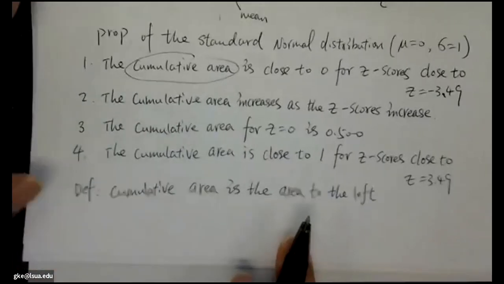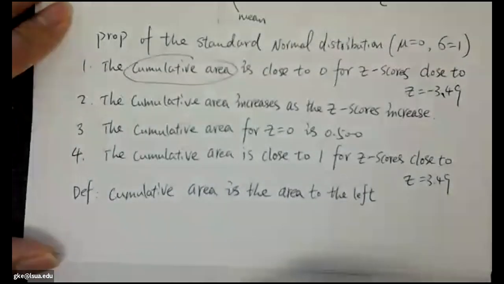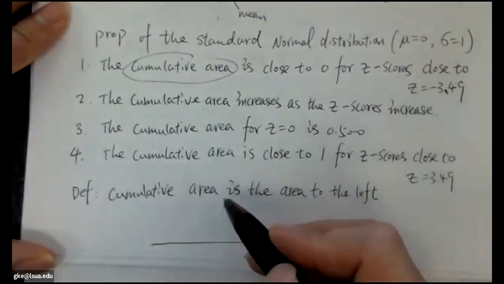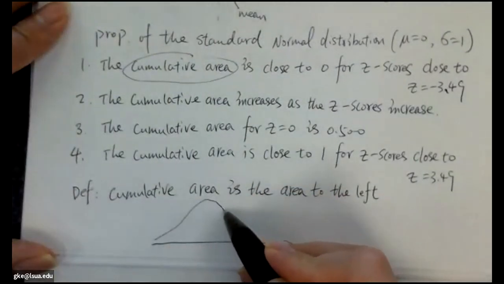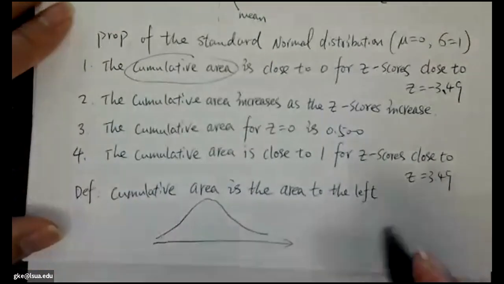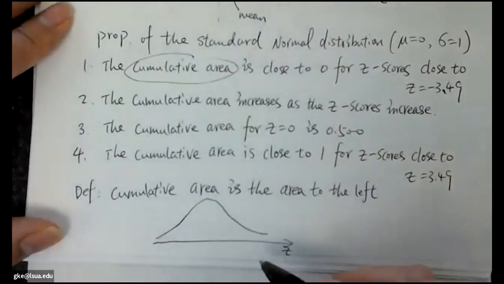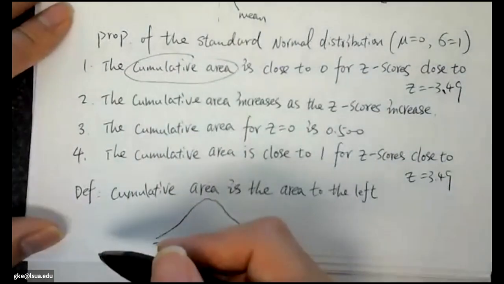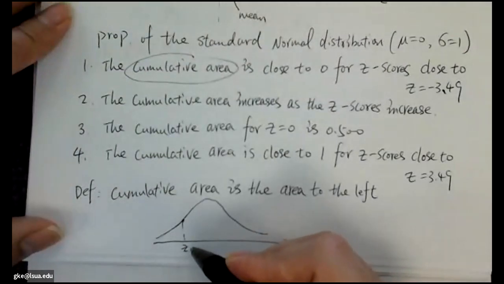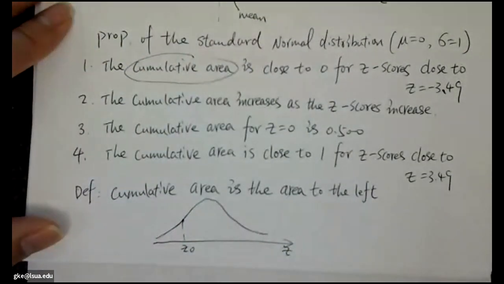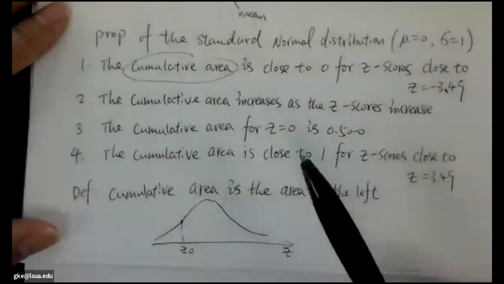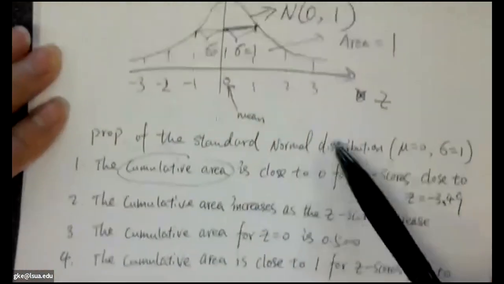Now, if I give you a normal distribution and a z value, for example, a z value here on the z-axis. Guys, I made a mistake here.